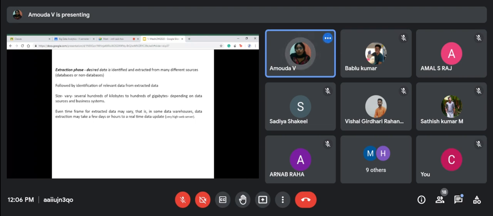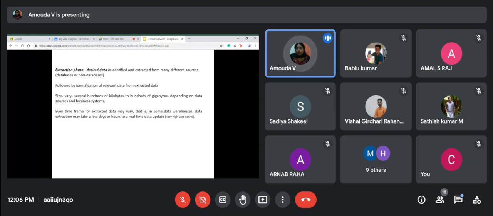What you want should be identified for the data. Desired data is identified, and then once identified, extracted from the many different sources. As I told, either it may be database or non-database. Then second is identification of relevant data from the extracted data.